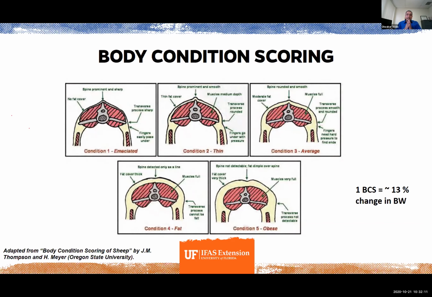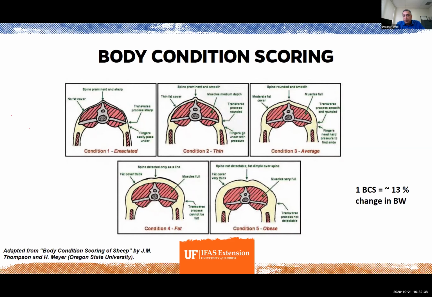So I highly encourage that we go through these body condition scoring scales, and we make sure we do this regularly to make sure that the feed quality we're providing is adequate for our animals. Now, this is a thumb rule. One body condition score is about 13% change in body weight. Let's take an example, 150 pounds of you, okay? She is a 3 body condition score.